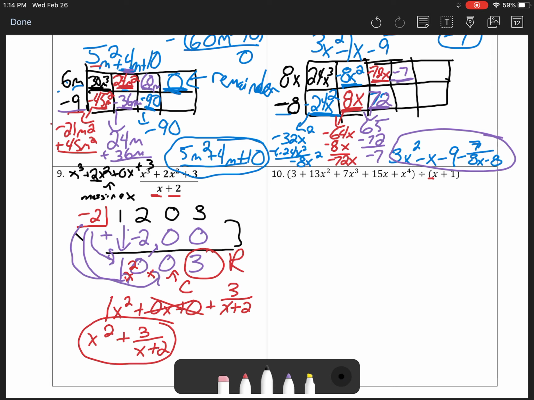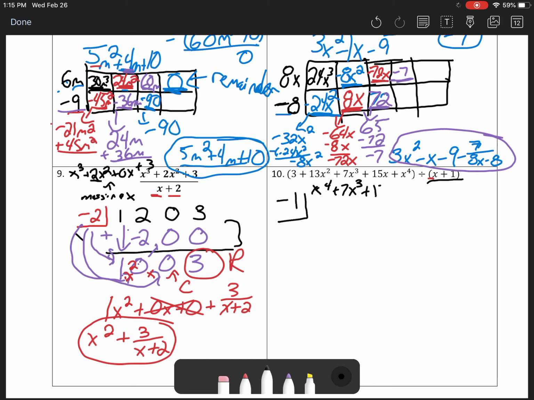Okay, last one of these. Again, really good candidate for synthetic division. I'm going to use negative 1. I make sure that I go from highest degree to lowest degree, so the only thing I'm going to have to do with this one is rearrange it. My highest degree is x to the 4th. Then my x cubed is 7x cubed.